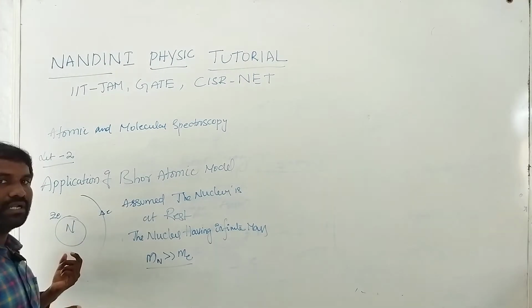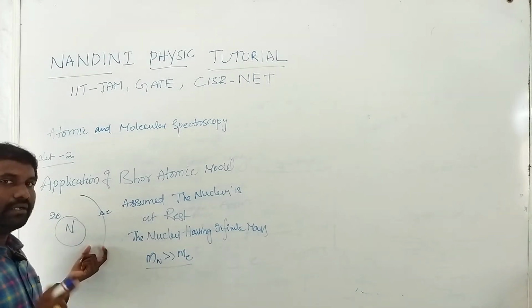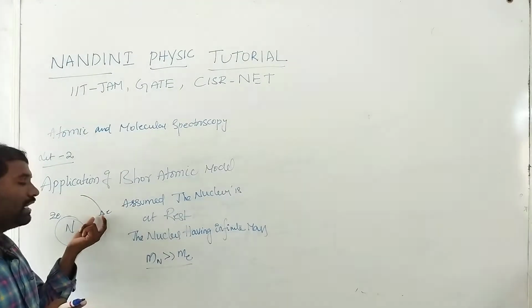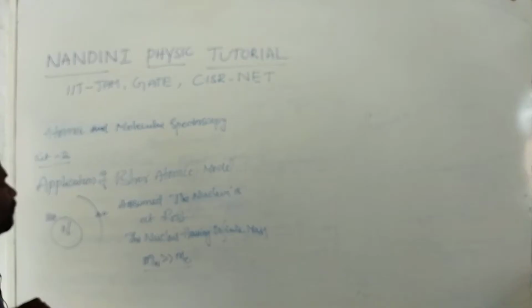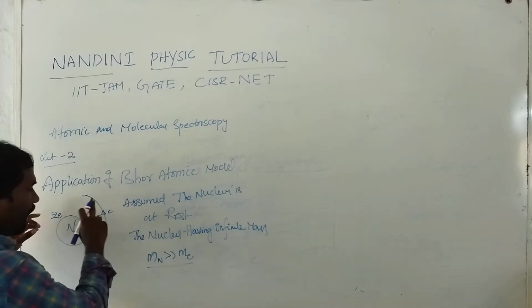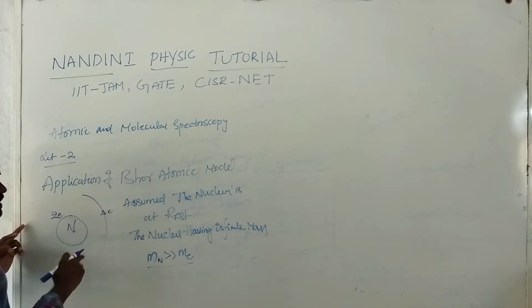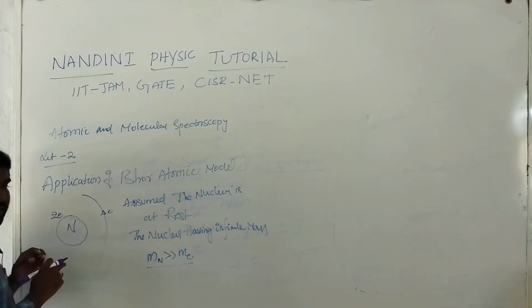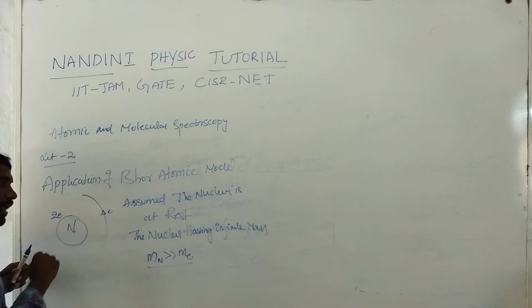How many protons there are does not matter, but it contains only one electron in a fixed orbit. After that Bohr calculated the atomic radius as well as the velocity of the electron. These are the characteristics he identified by using this experiment.